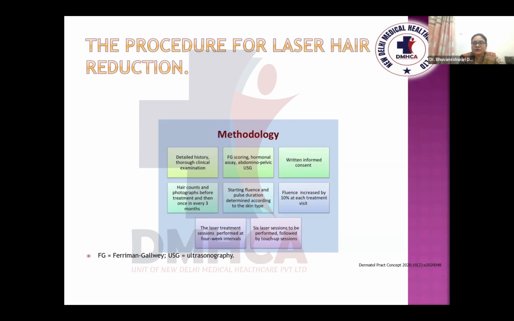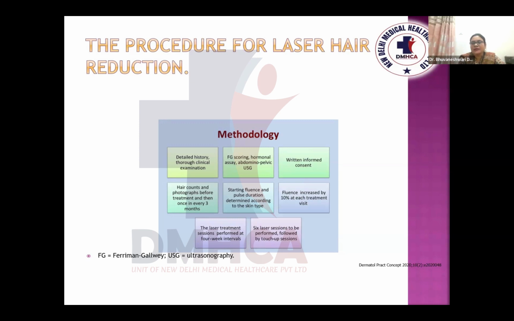We have to set the starting fluence and pulse duration and determine according to the skin types. We have to see the skin type between 1 to 6. And in every sitting, on each treatment visit, we have to increase the fluence by 10%. The laser treatment sessions are performed at 4-week intervals, that is once a month.